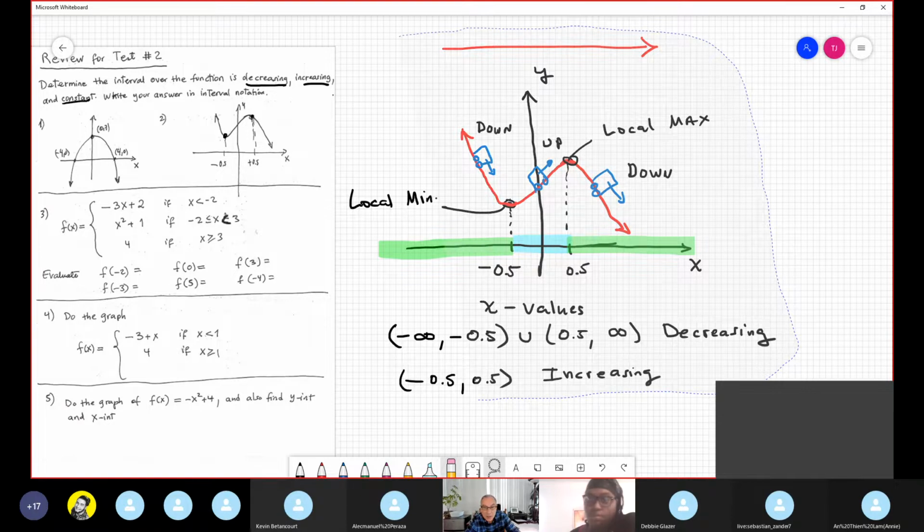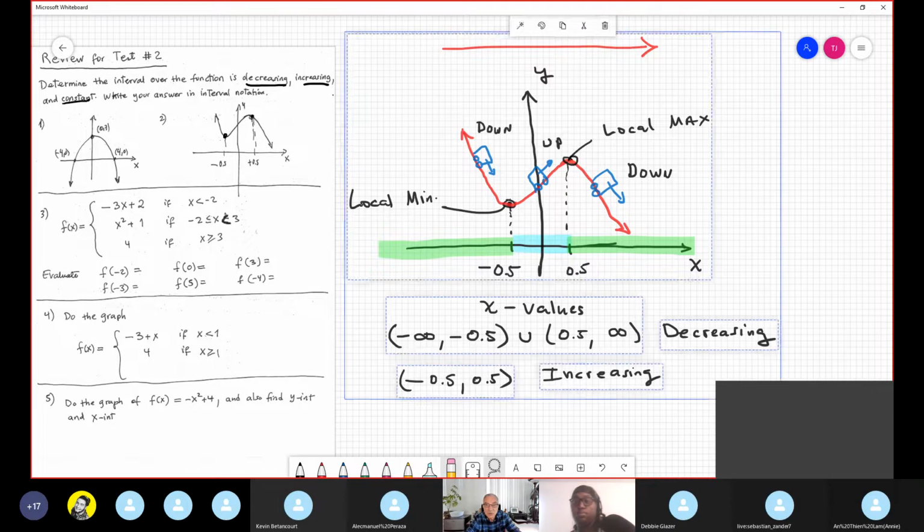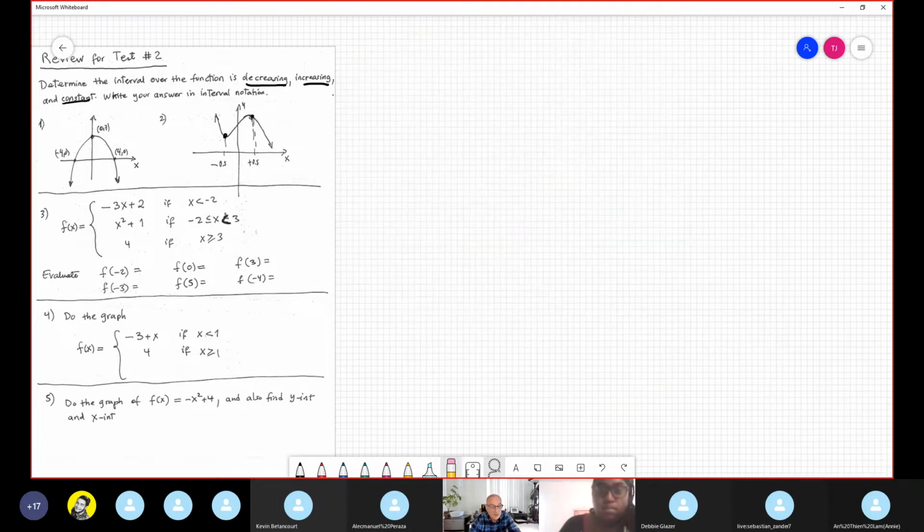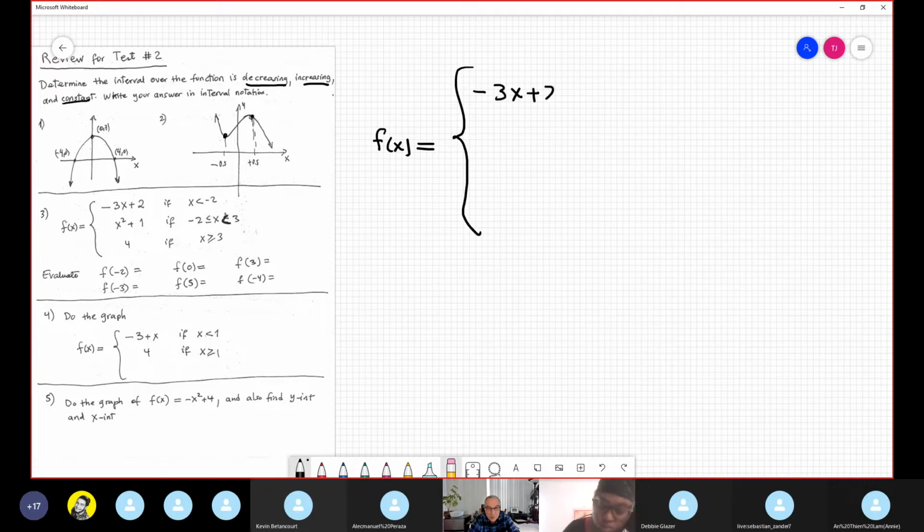Okay, Angelica. Okay, let's move on to the piecewise function. Because in the test, I promise, I put a piecewise function. Suppose f of x, I want to copy again, is equal to, we have 3 pieces, minus 3x plus 2, if x is less than negative 2.